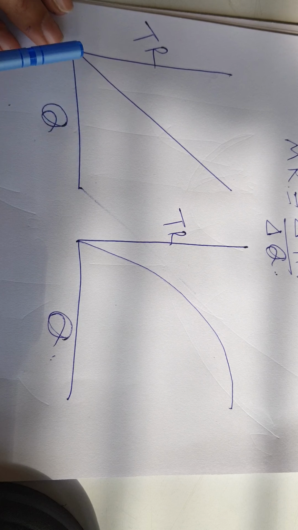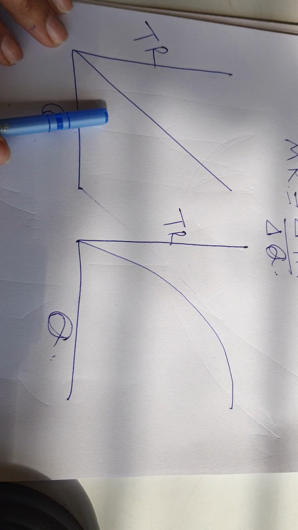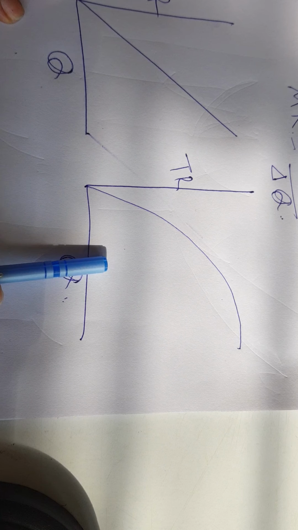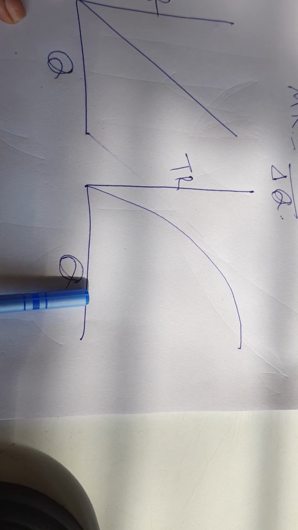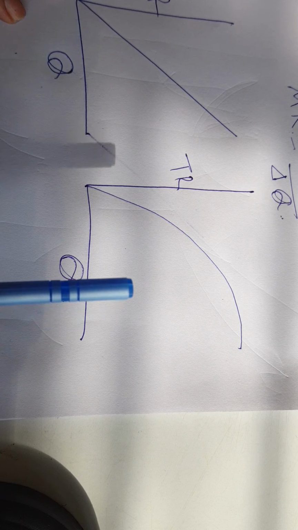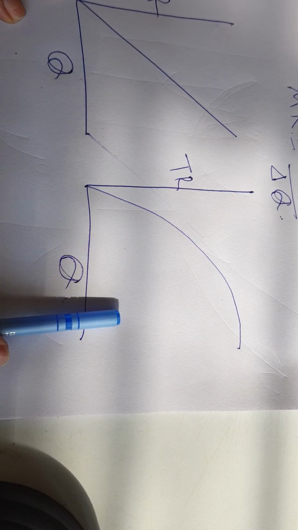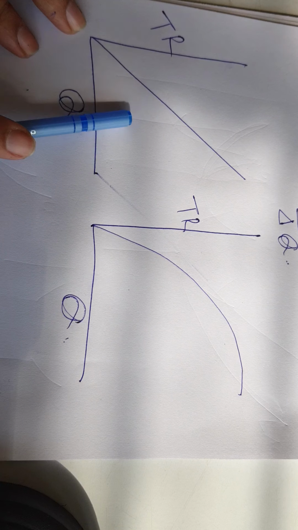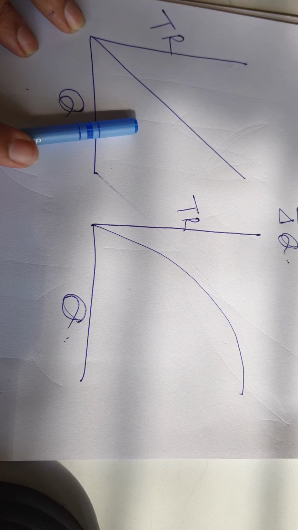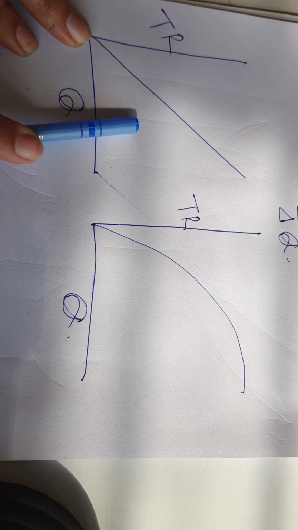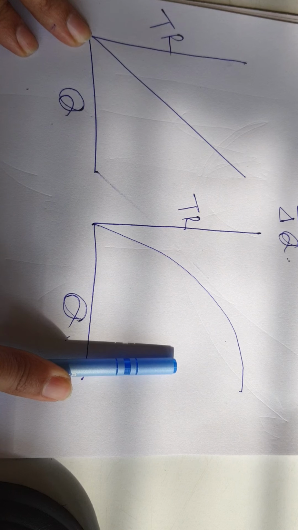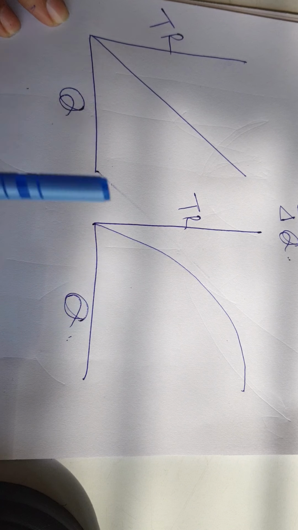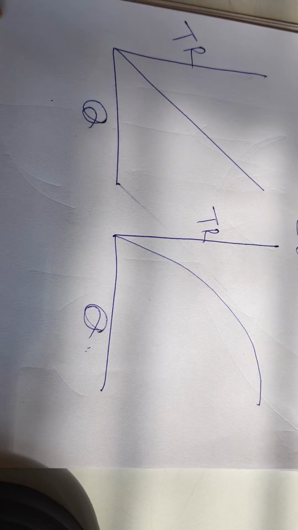That is why your total revenue curve is like this. But in this other situation, if you are producing more, you are affecting the supply in the market. That's why if you produce more, the price will come down. So this is another type of situation other than the perfect competition market. In every other type of market, this type of total revenue curve is found. So these are total revenue curves in both situations.